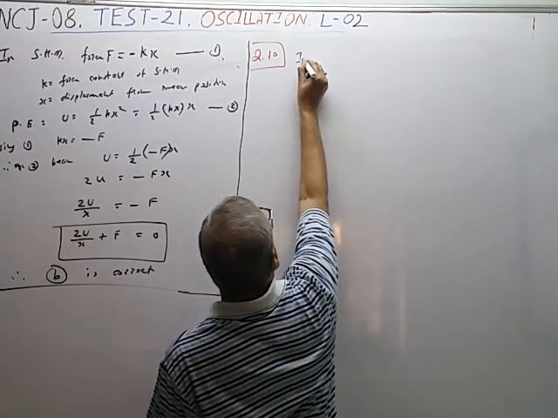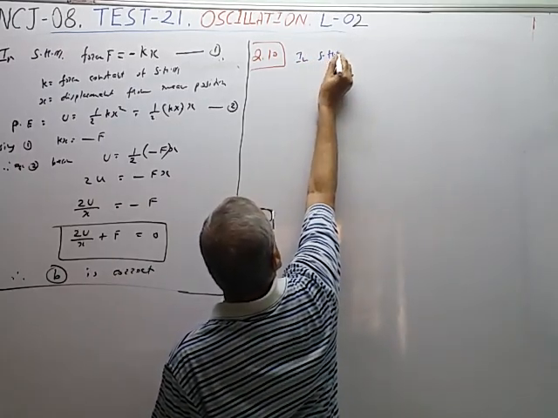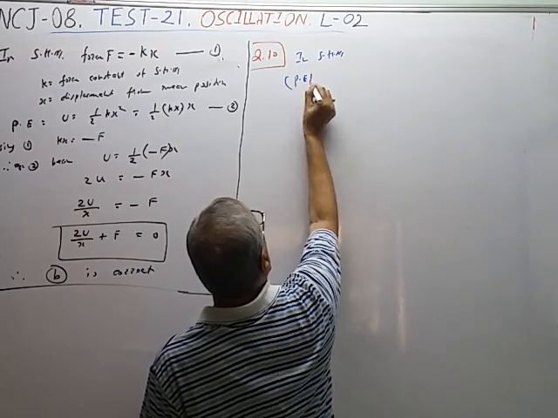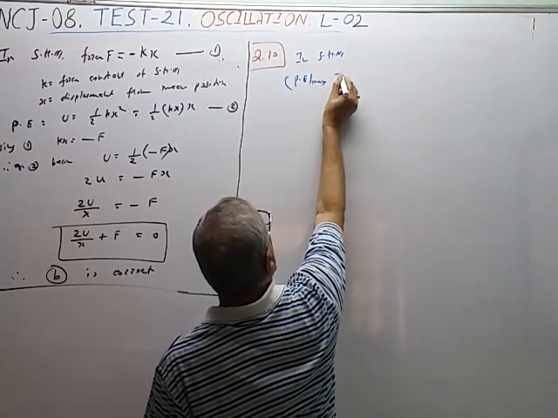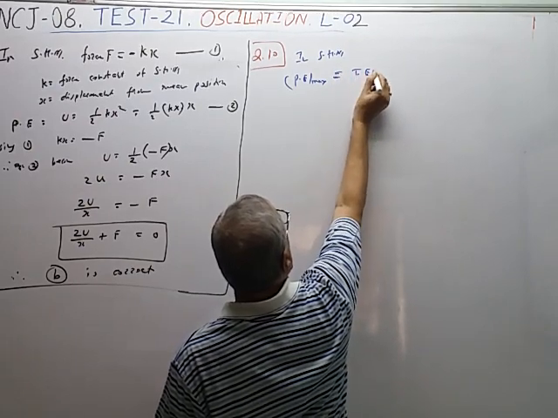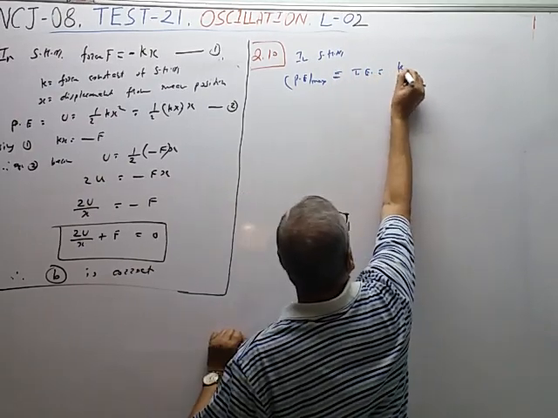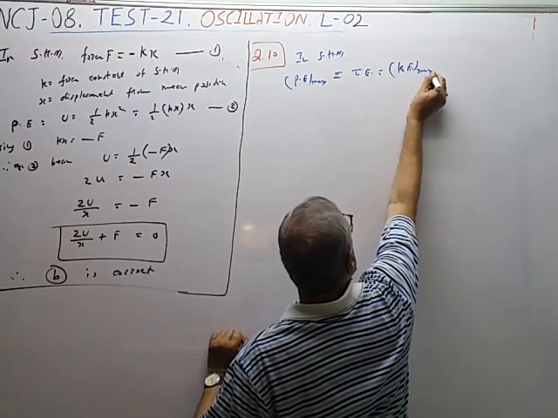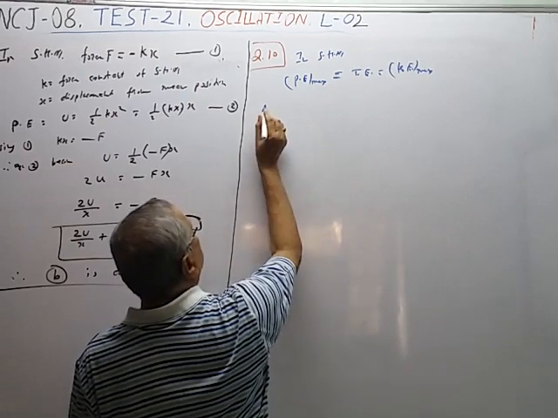In SHM, the maximum value of potential energy is equal to the total energy, which is equal to K max. K max has the maximum value, total energy.